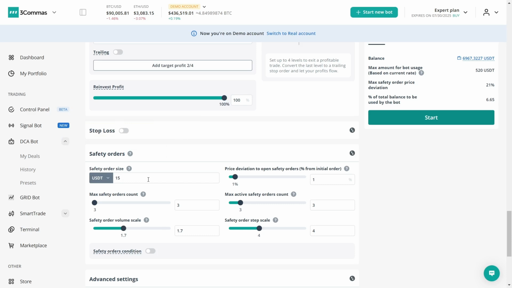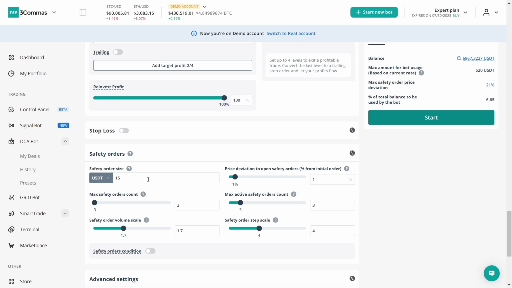It's kind of obvious, but let me explain because it's not easily understood by everybody. If you are using safety orders or DCA, you are increasing the volume of your order as the price goes down. You may increase a lot. I will explain details later.